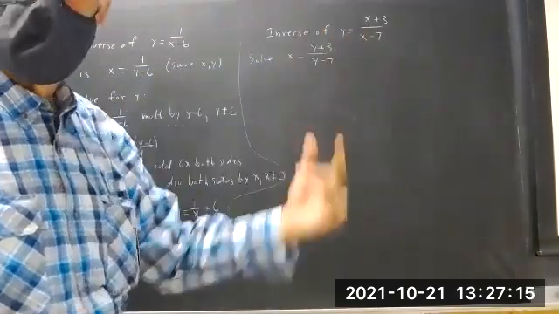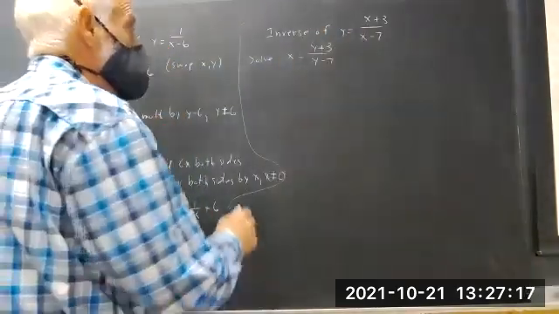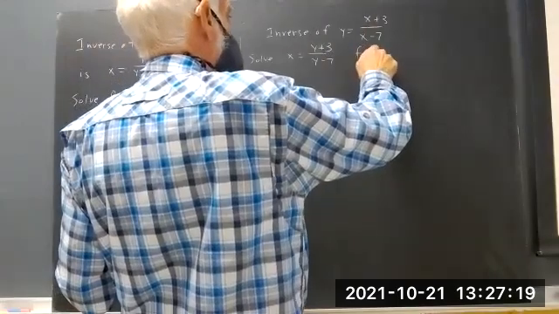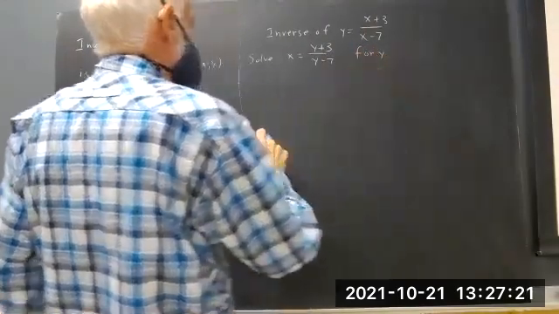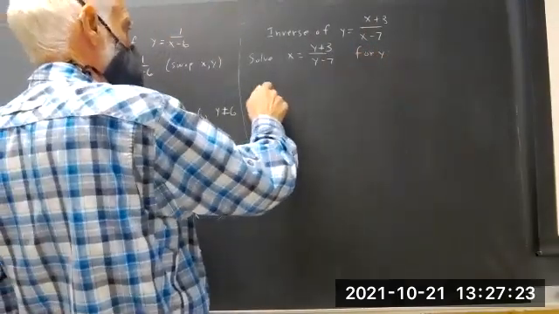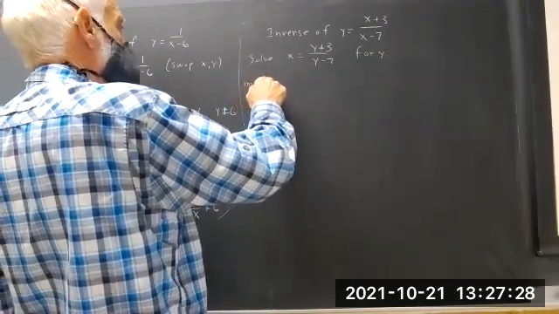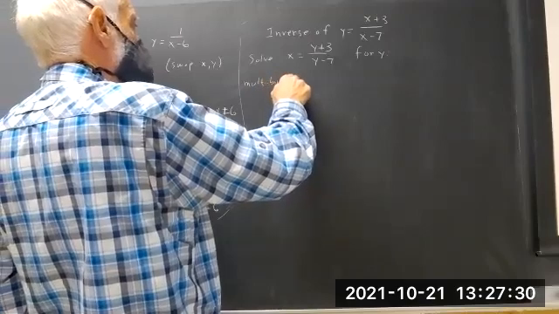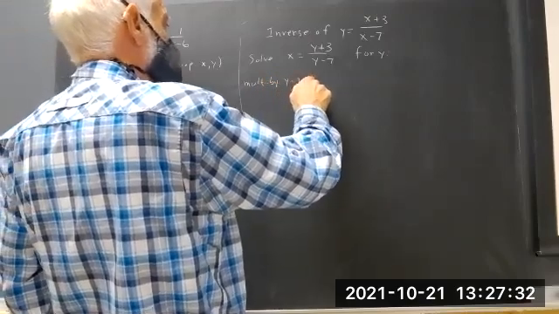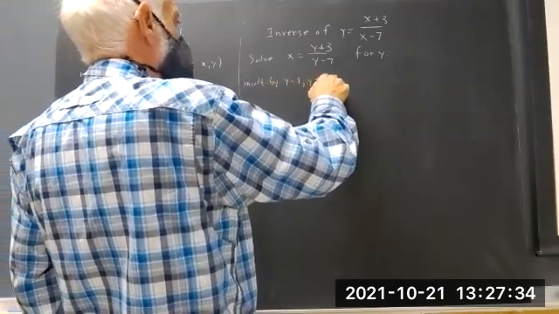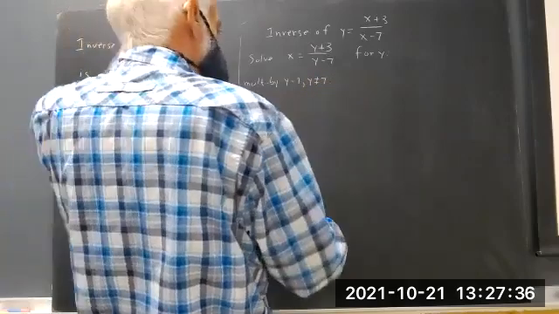That's what we do for the inverse function. And then we solve for y. And so multiply by your denominator, y minus 7. So y can't be equal to 7.